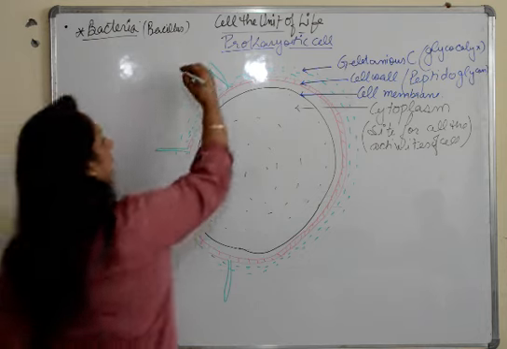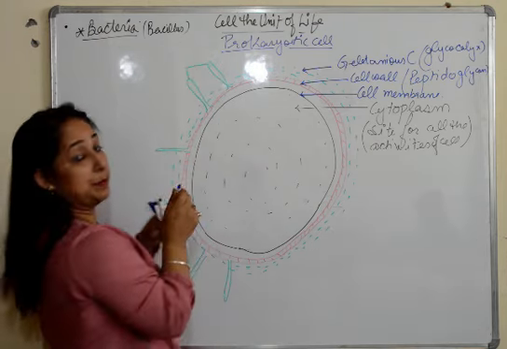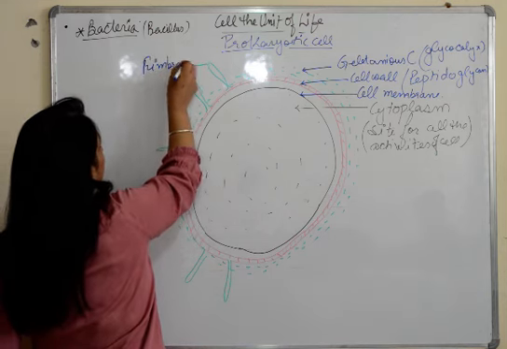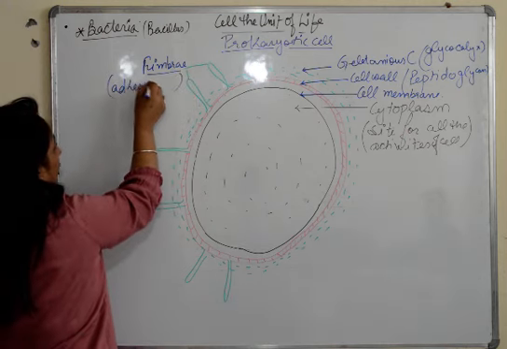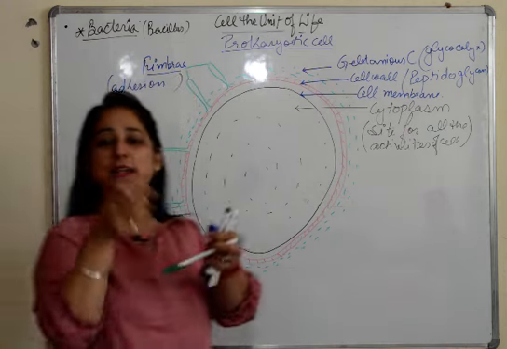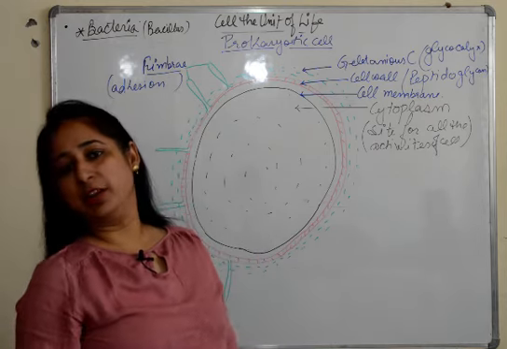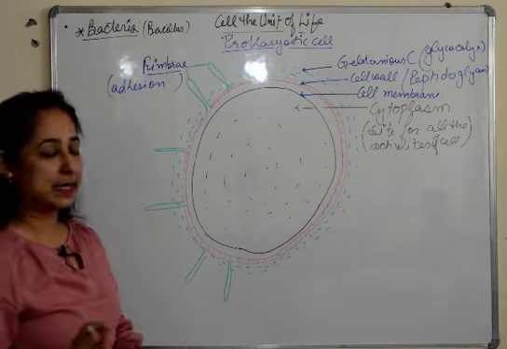Okay, so these are fimbriae. Fine, fimbriae. They are basically for adhesion or attachment. They help in adhering or attaching to the surfaces. Also, sex pili will also be formed here in some cases that we'll discuss. So these are fimbriae or the extensions.